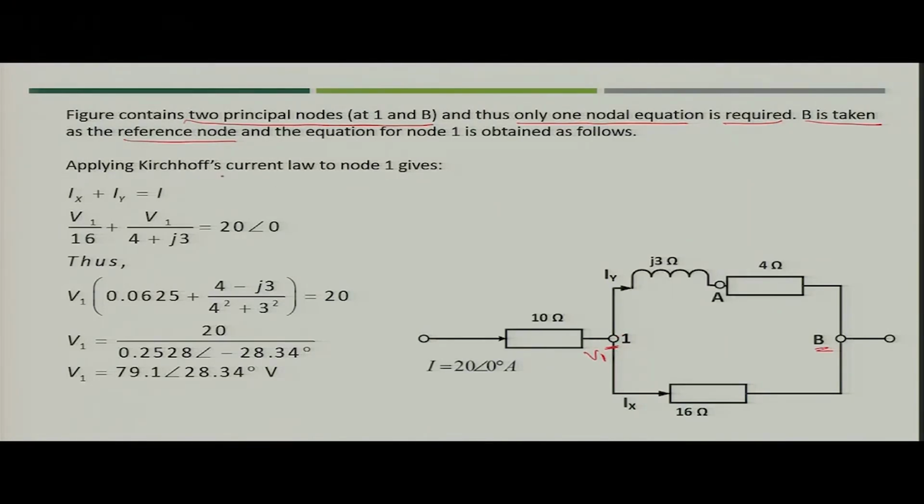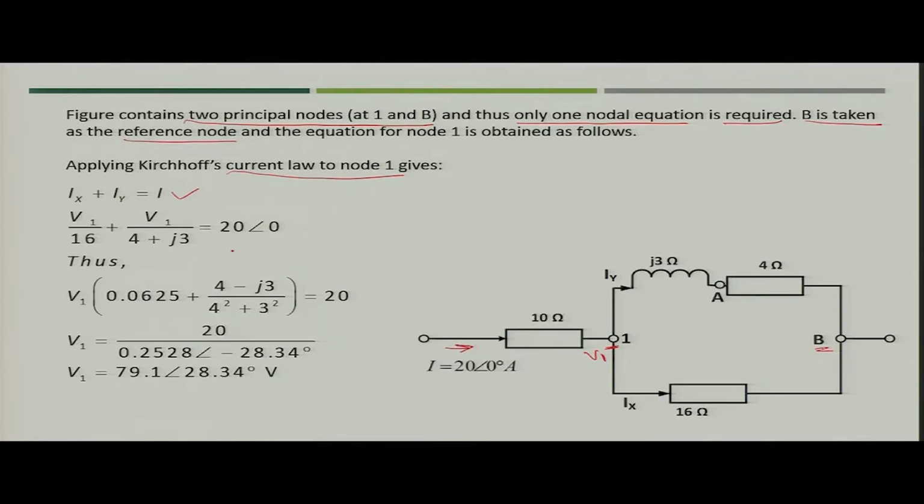So, if you apply Kirchhoff's current law at node 1, what will happen? This current is IY, this is IX, and this current is I. So, I is going in, IX and IY are coming out. So, I would be equal to IX plus IY. Now, what you have to do?